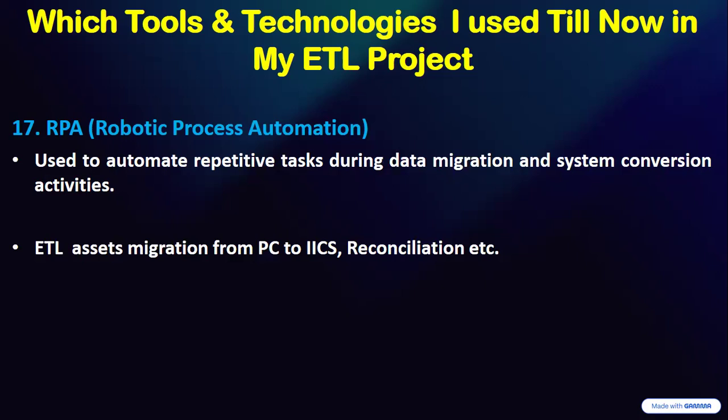Understood? So that is one more important thing, the reconciliation. Along with reconciliation and conversion of code from PowerCenter to IICS, there are 15 to 20 benefits of RPA. If you want a separate video on RPA, I can also provide that.